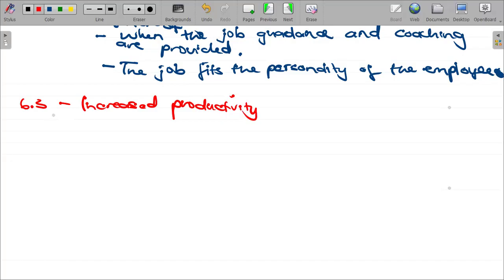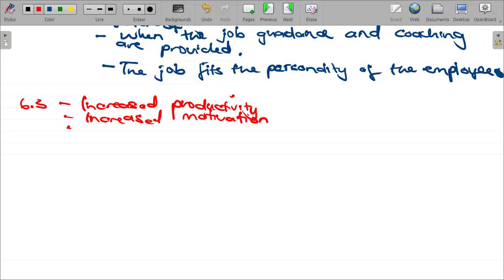There's also increased motivation. The employees in the organization become motivated.